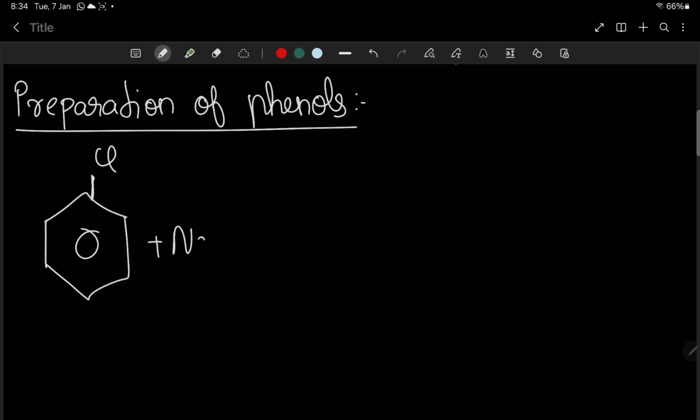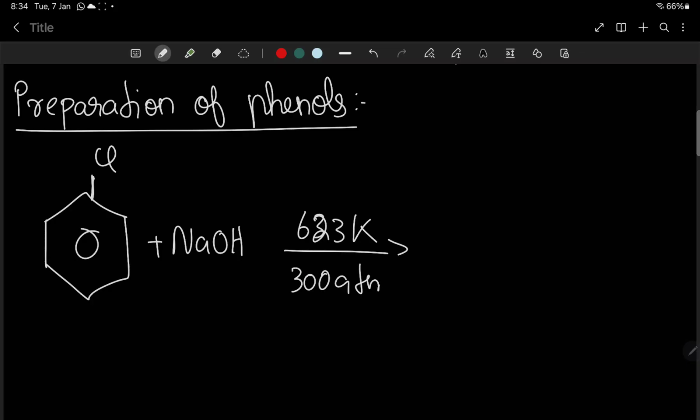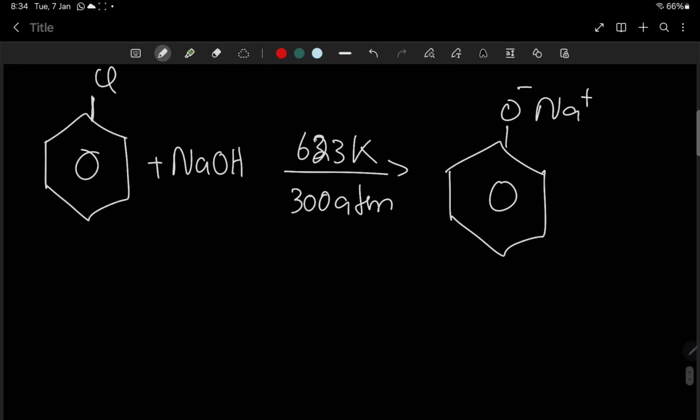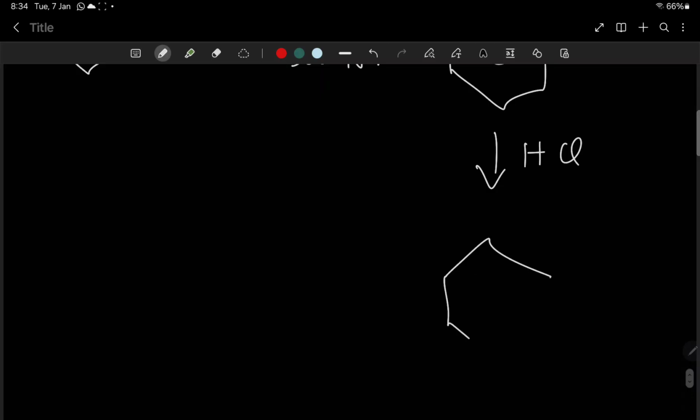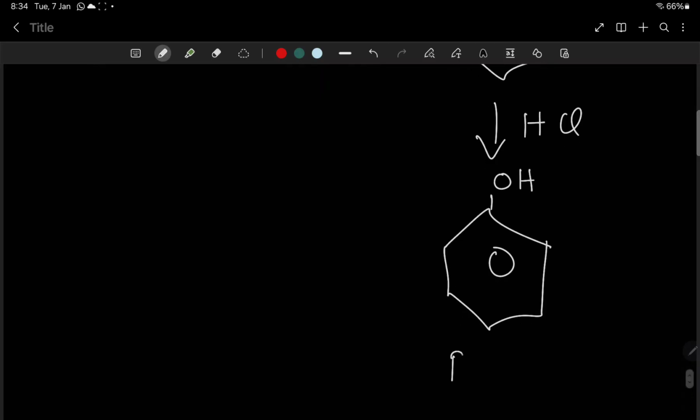We learned a few minutes ago, 623 Kelvin and 300 atm high pressure. Nucleophilic substitution only takes place in this case. I told you we get O minus Na plus as an intermediate. Now into this, when we add HCl, we finally get our desired product, that is phenol. So this is the first method.